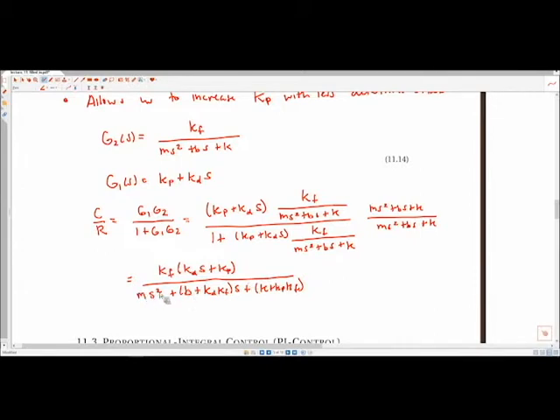And then if we want to get this somewhat similar to second order underdamped form, it's not perfectly there, we can divide by m, to give us this transfer function.